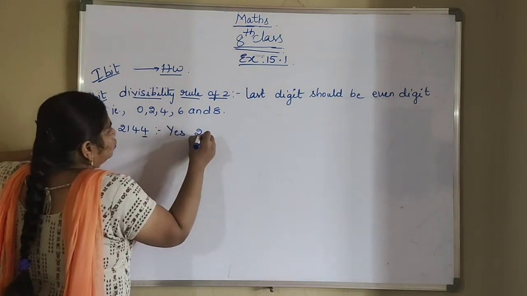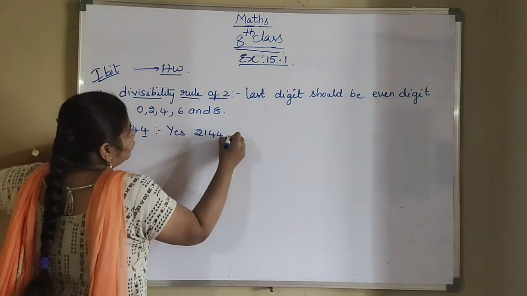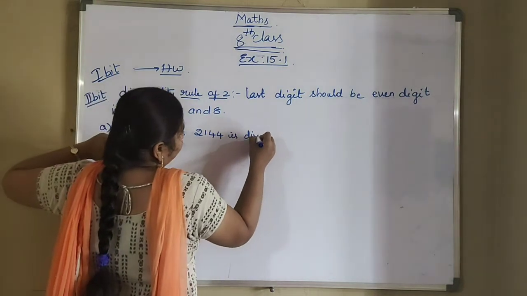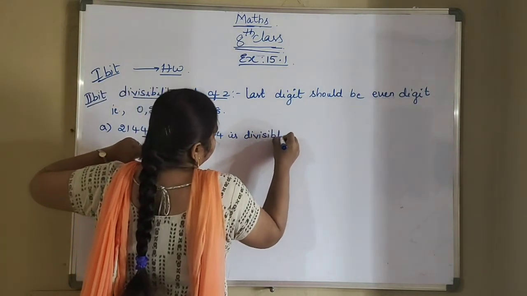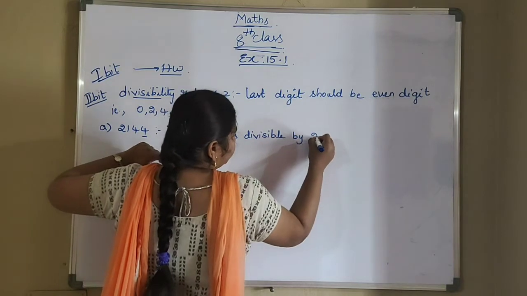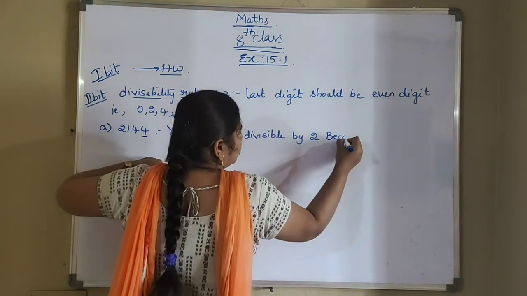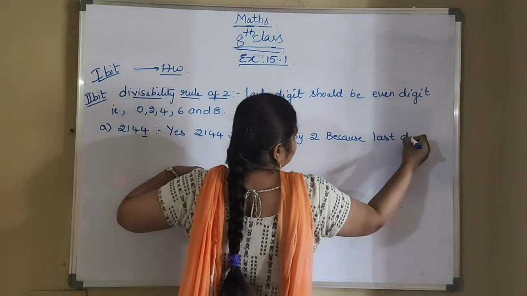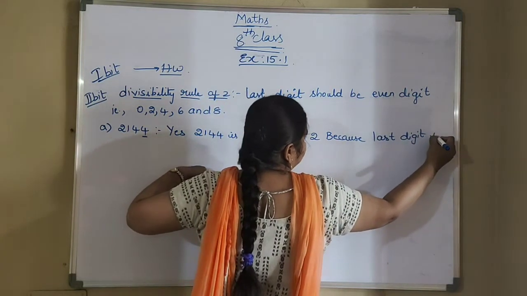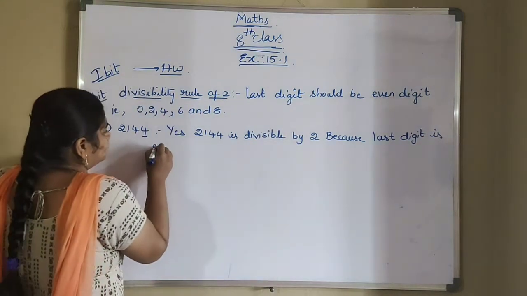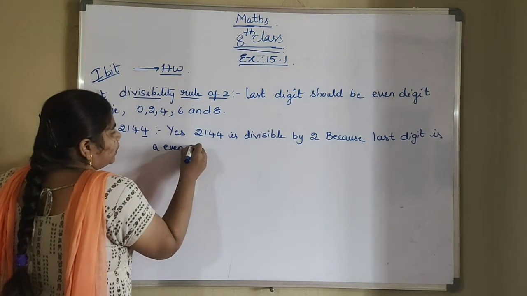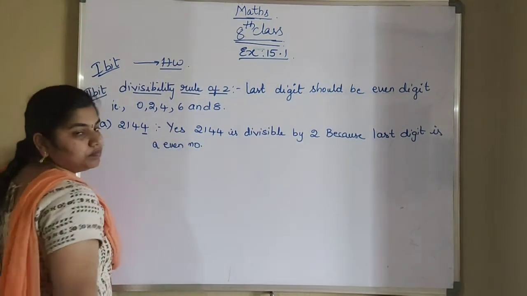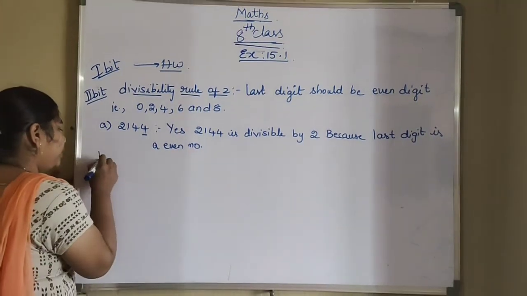Yes, 2144 is divisible by 2 because last digit is an even number.